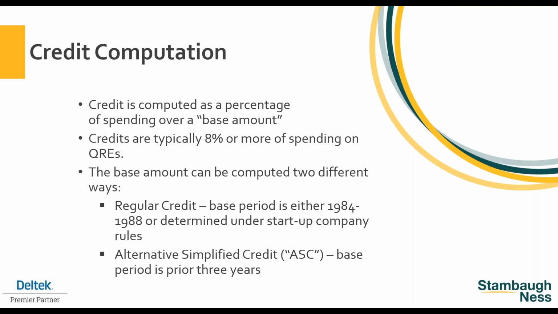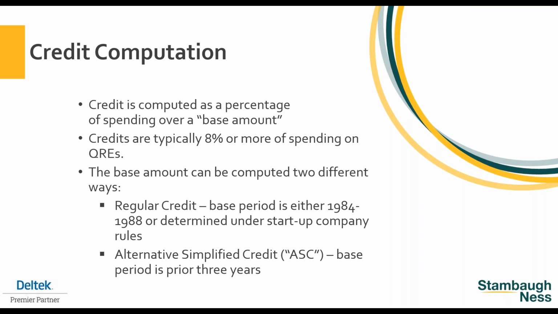So unless you're a relatively new firm, you probably aren't going to have reliable data from the first 5 years in business. If you do, great, we'll follow that method. But I think probably well over 90% of the credits that we do each year probably use the alternative simplified credit because the information is more readily available.